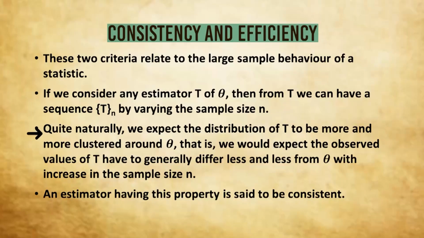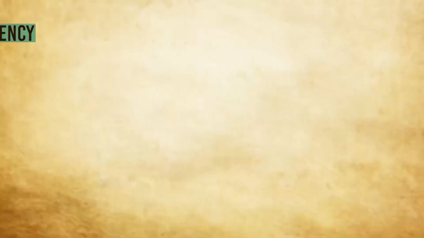We expect that the distribution of T will be more and more concentrated around the parameter theta. An estimator having this property is said to be consistent. That means if we can estimate theta more and more precisely with increase in the sample size, then T is said to be consistent.